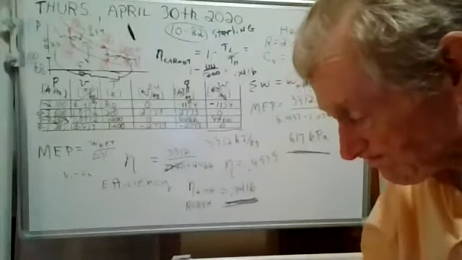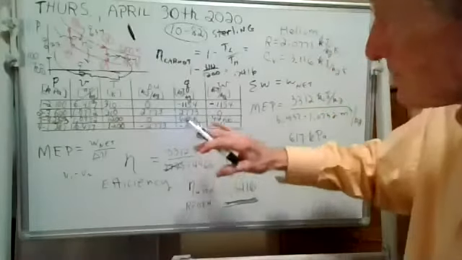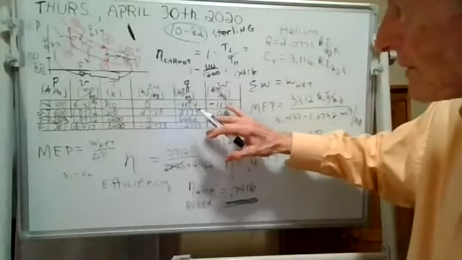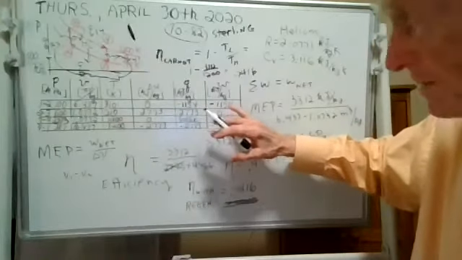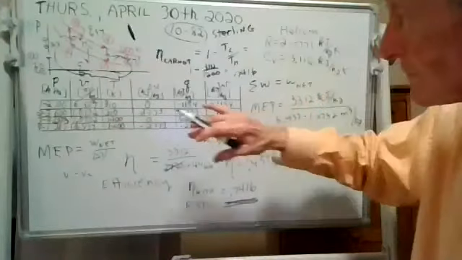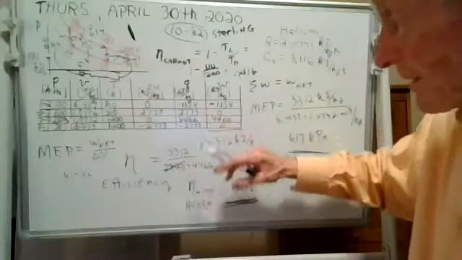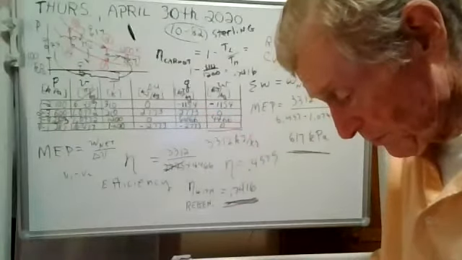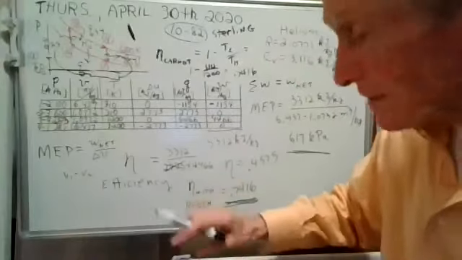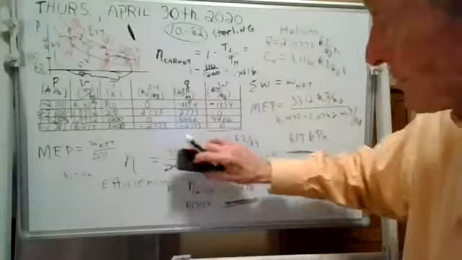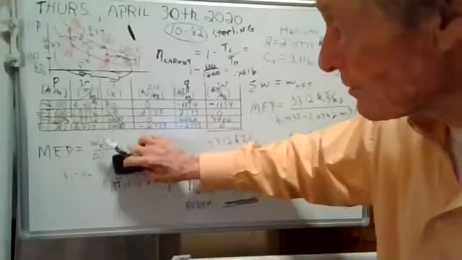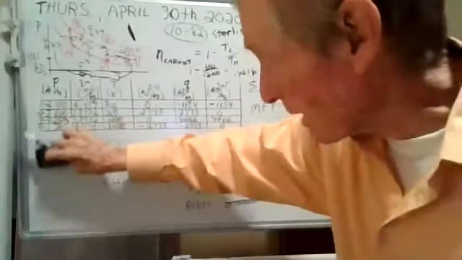Now, the way we got some of these was with, I was going to show you how you could check that. I don't want to bore you too much, but for instance, we're going to do one check here and show you that it'll work.